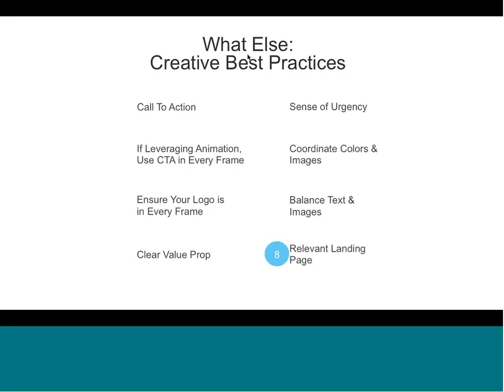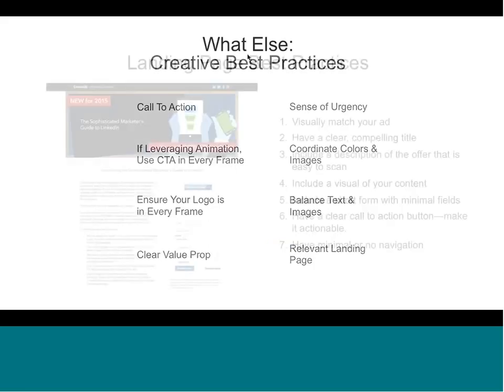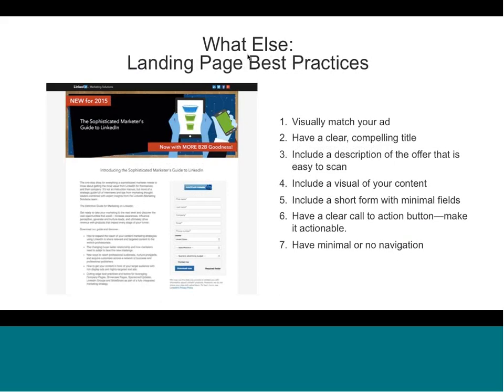And then finally, make sure that your ad actually is relevant to your landing page. So you want to create that sense of cohesiveness between not only your ads in general, but to where they're going to click through to. You want to make sure it matches the creative that you're putting in front of your audience. Otherwise, there's that disconnect, and it's not a very good user experience.